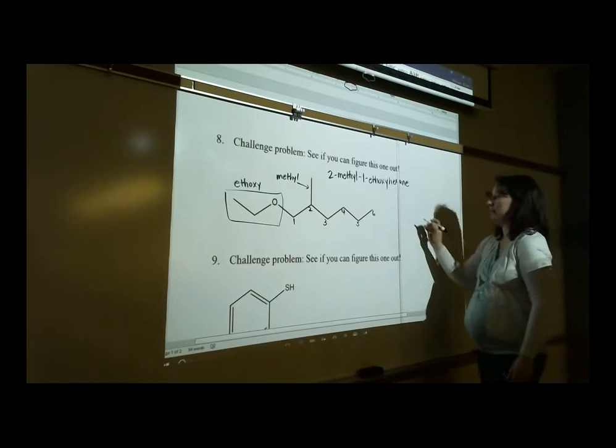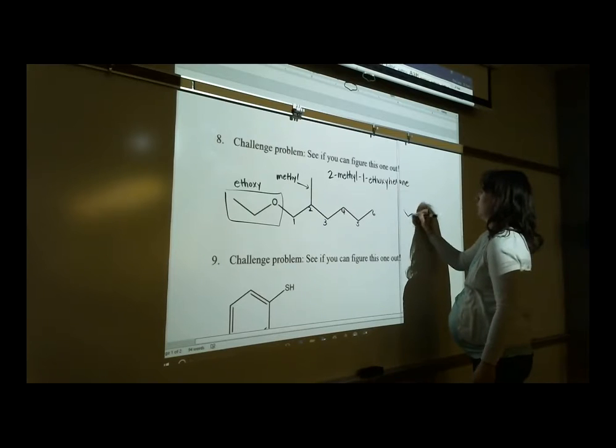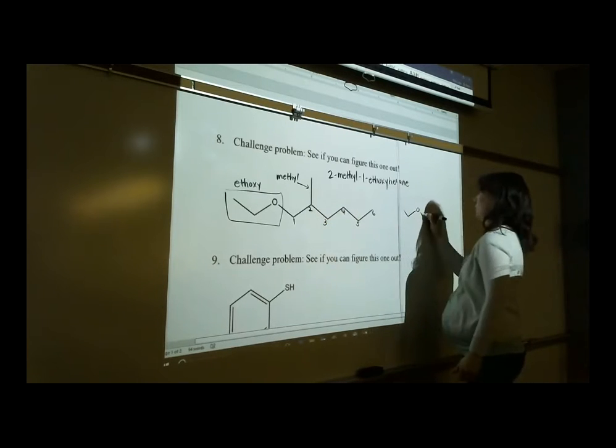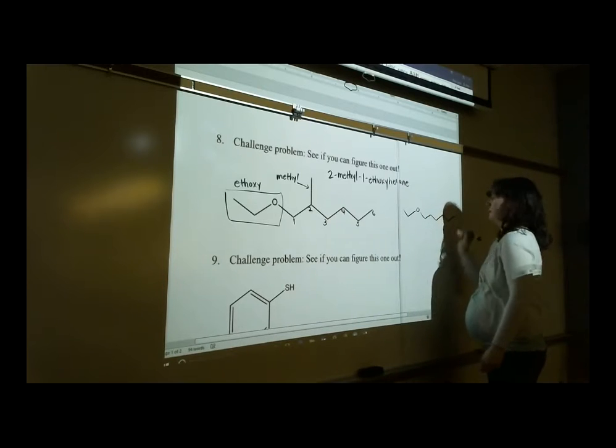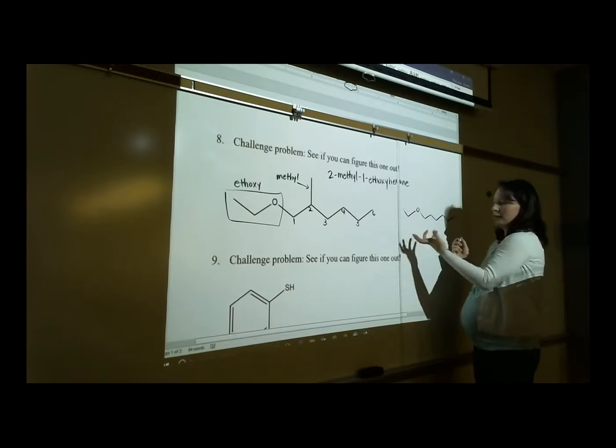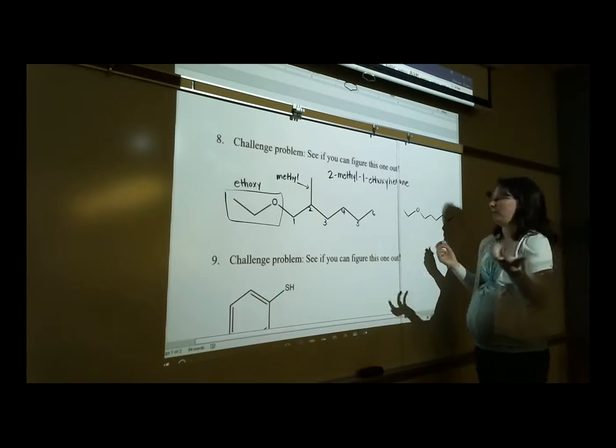I would put something like this on a test, though. Just remove that methyl group. 1, 2, 3, 4, 5, 6. This would be fair game for a test. I just wanted to see what you do with that substituent. Your textbook gives an oversimplified nomenclature.